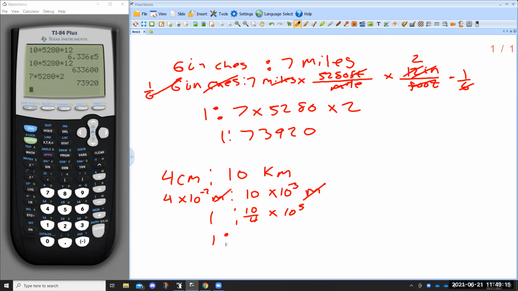So 1, 2, and then this is going to be 2.5 times 10 to the 5th. It's 1 to 250,000. Okay. And that's 47.